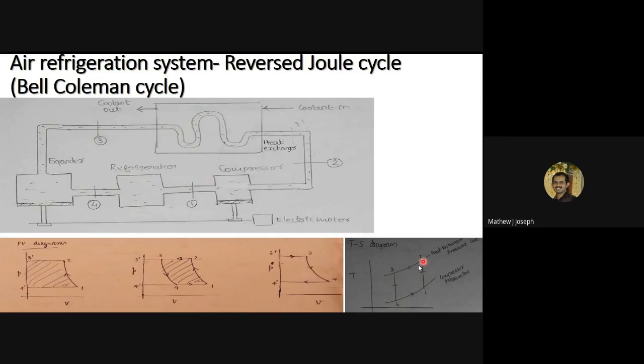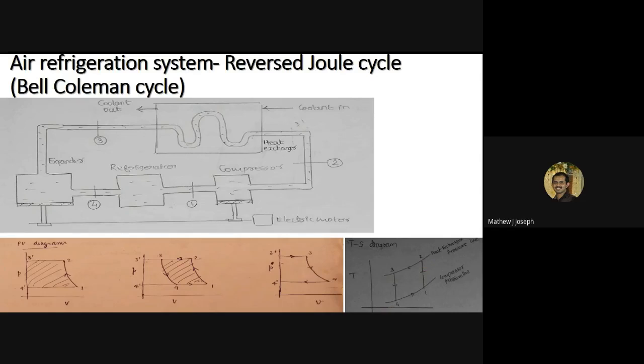Then 2 to 3 is the constant pressure heat rejection process happening inside the heat exchanger. And 3 to 4 is again the opposite of the compression process, that is isentropic expansion process. 3 to 4 is coming like this. So this is the PV diagram representation, and this will be the TS diagram representation.